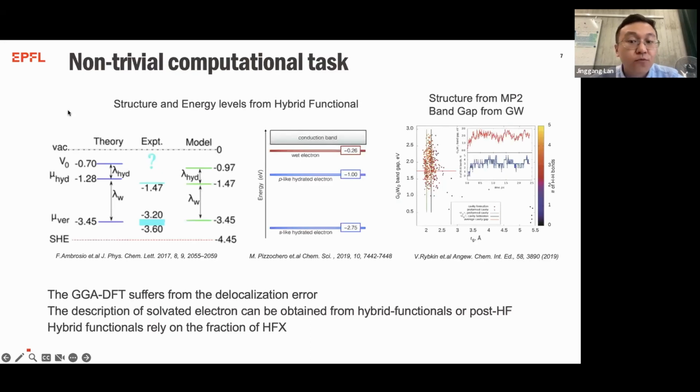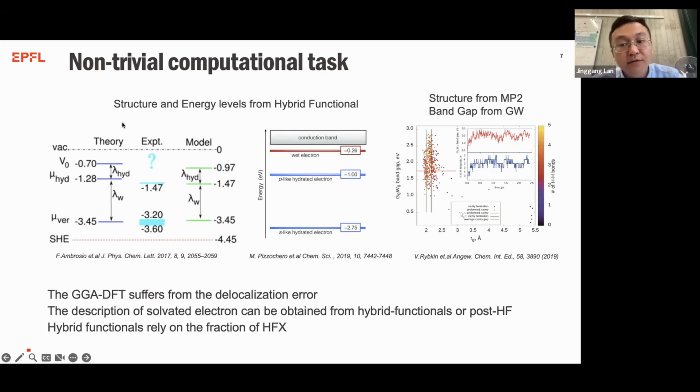In fact, modeling this very simple species is a fully non-trivial computational task. The most used density functional theory, based on the generalized gradient approximation, suffers from delocalization error due to the lack of exact exchange, which leads to an inaccurate description of the redox property and the band alignment of a solvated electron.